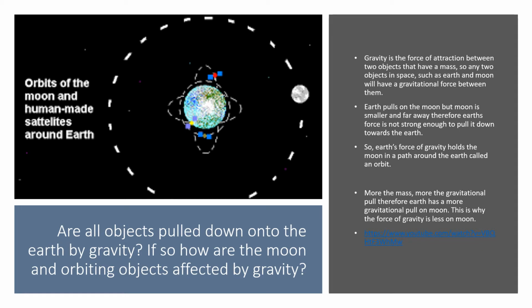So the earth's gravitational force is not enough to pull it towards the earth. Therefore, the moon rotates around the earth in a circular path, and we call this an orbit. This dotted line shows an orbit over here. If you need further information on this, you can click on the video attached to this slide.